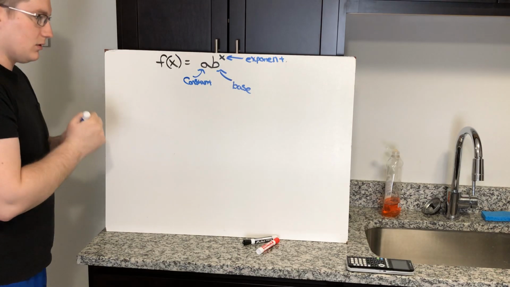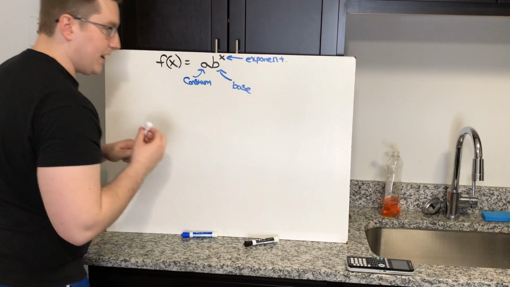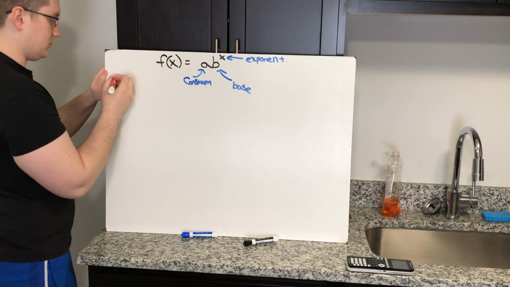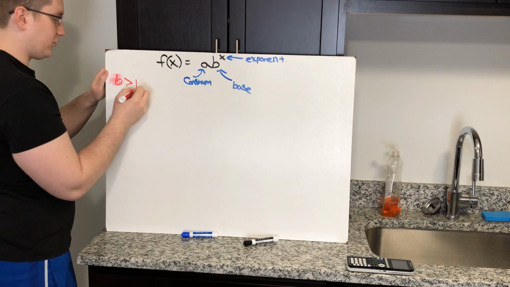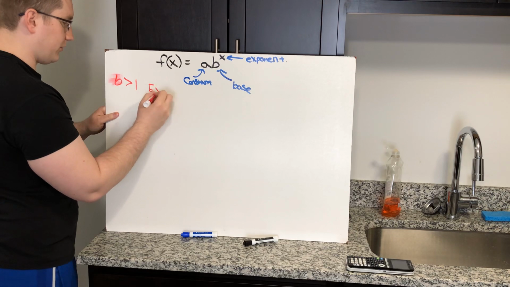So let's talk about this b, our base. If our base is greater than 1, it is known as exponential growth.